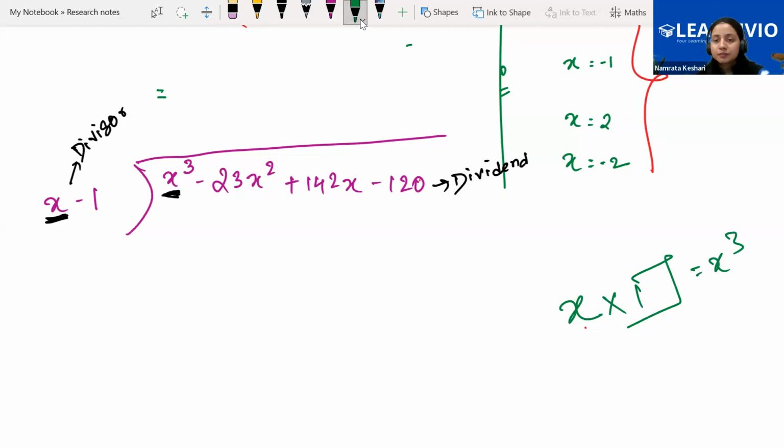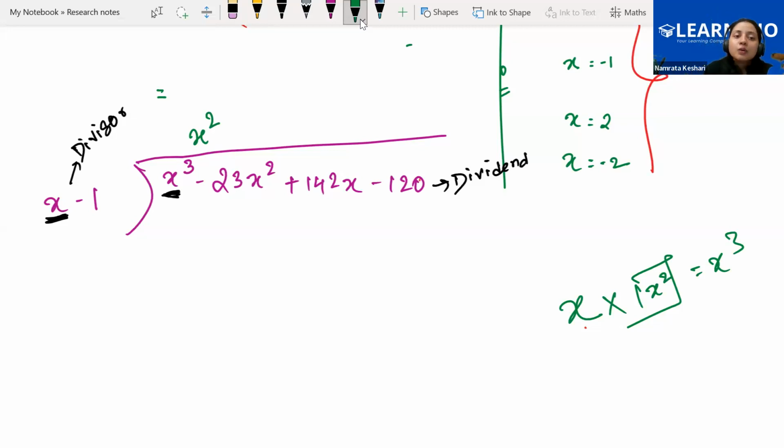Who will tell me? It will be x square. So this x square we will write in the quotient part. x square should be multiplied with x so that we generate x cube.